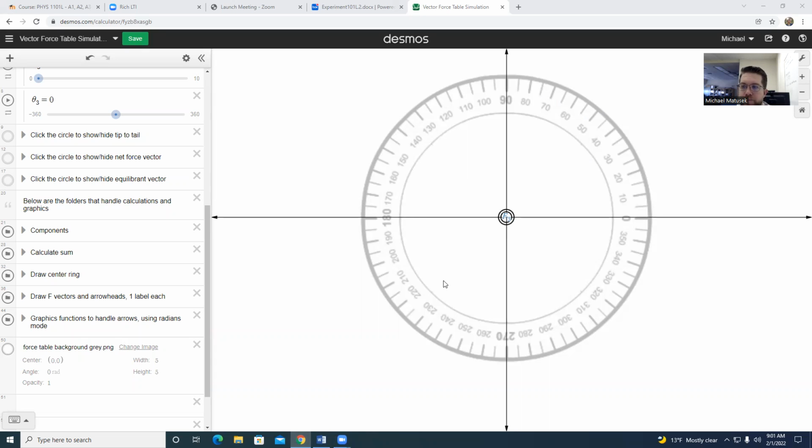Your job is twofold. You will be demonstrating that a single vector can be decomposed into component vectors along the x-axis and along the y-axis. These are considered basis vectors. Any vector that is oriented along the x-axis is the basis in the x direction.